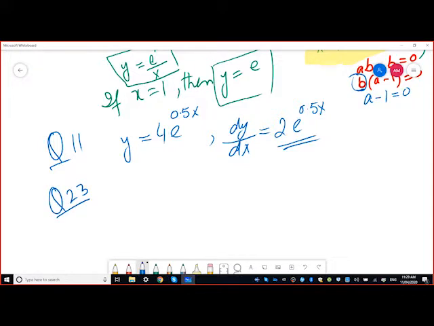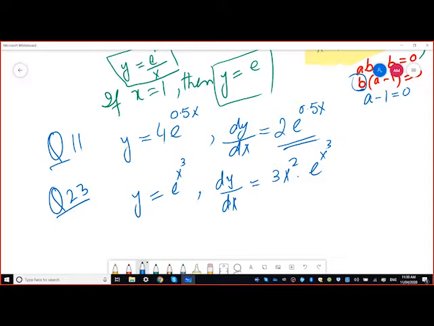It says y is equal to e^(x cubed). So what would be dy upon dx? dy upon dx would be 3x squared times e to the power of x cubed.